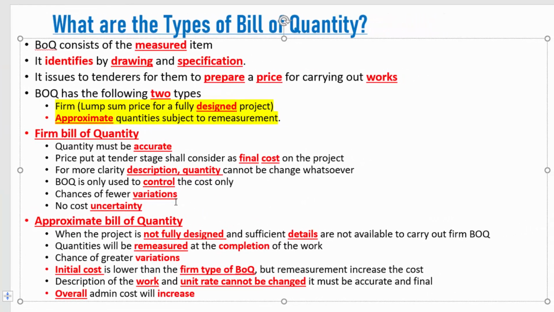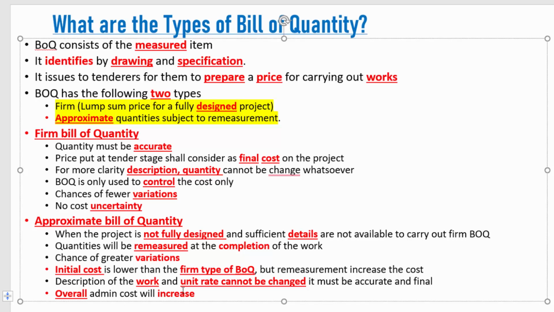After this, initial cost is lower than the firm type of bill, but remeasurement increases the cost. Most of the time we have seen that the initial cost of the approximate bill of quantity is less, whereas when the project is finished, a lot of things are calculated again and again. So there is a higher chance of the cost increasing.